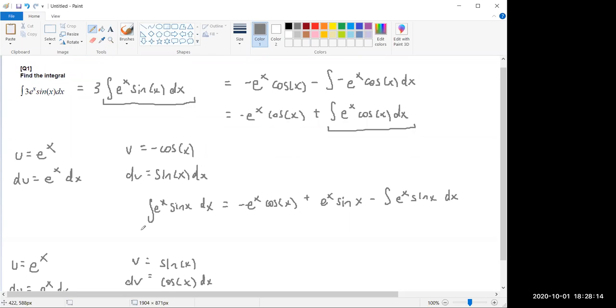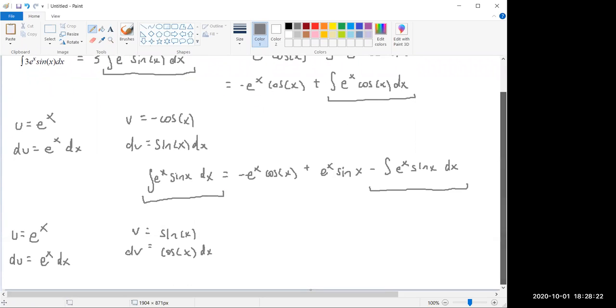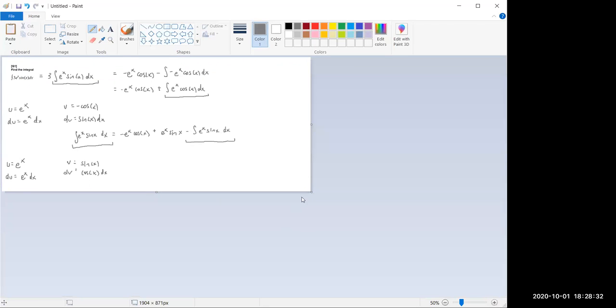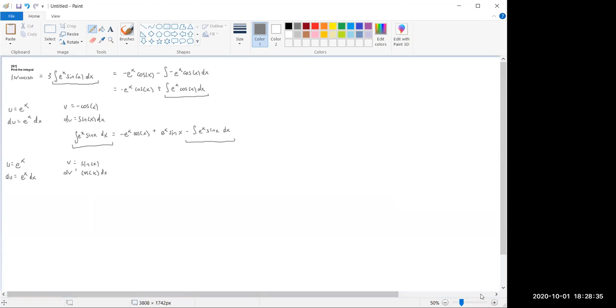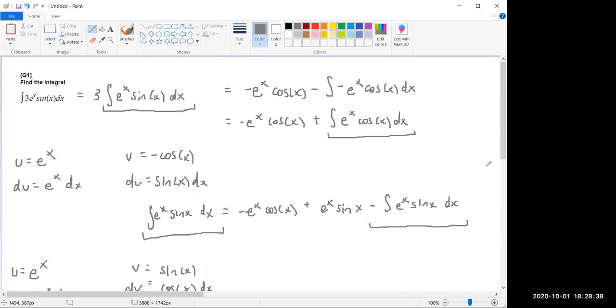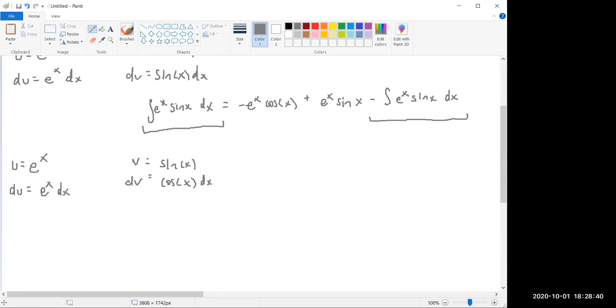So notice how what we're trying to find is actually the same thing as this term over here. So we can just move that second term to the left-hand side of the equation, which will give us two of these integrals.